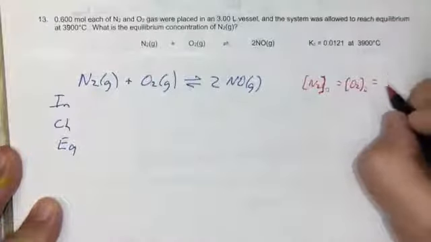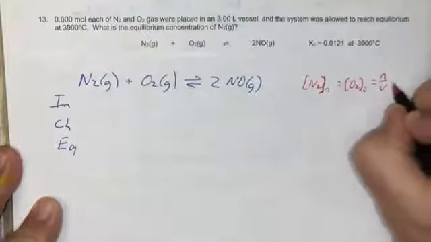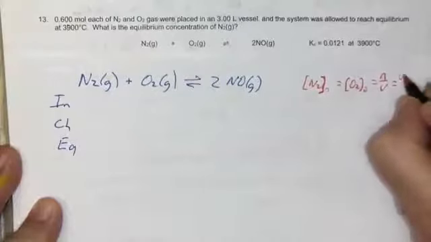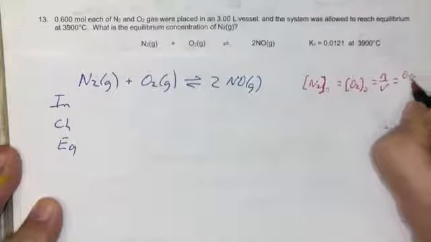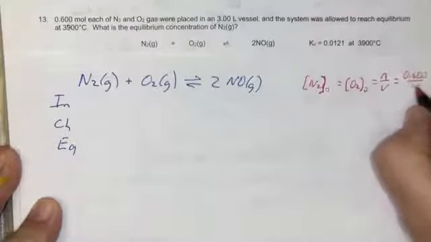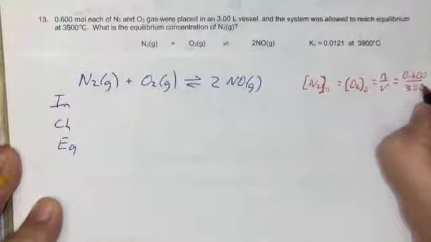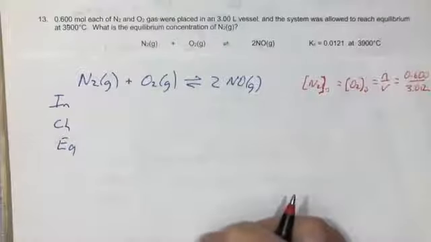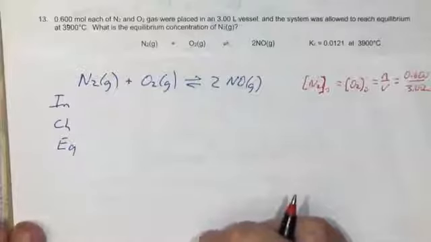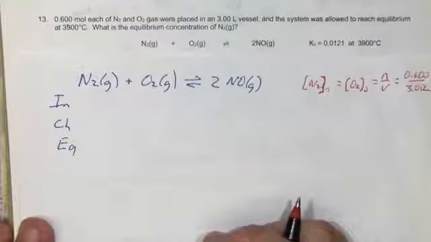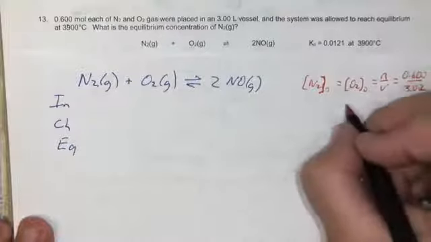Concentration is number of moles over volume. The number of moles is 0.6. The volume is 3 liters. When you divide that out, the concentration is 0.2 moles per liter.